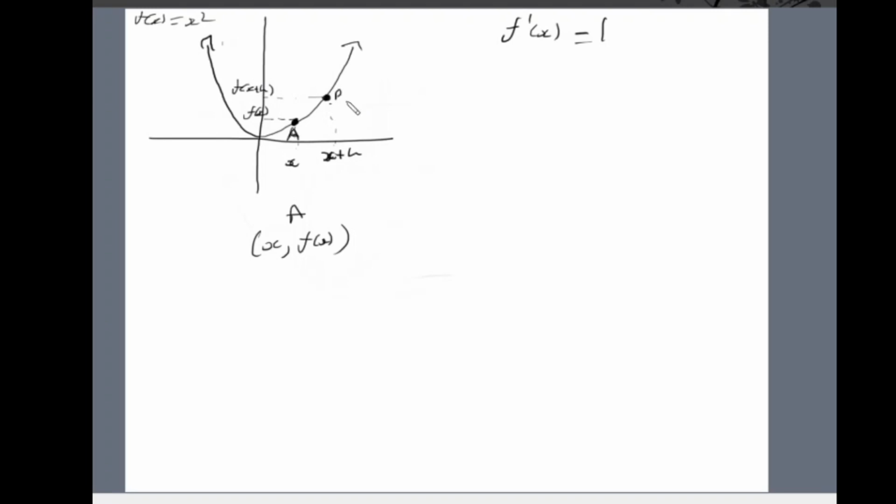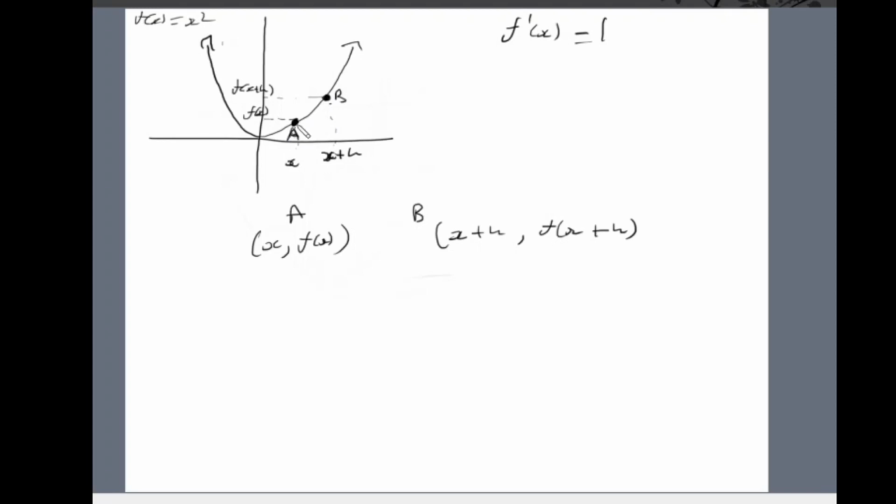The coordinates of point B will be x plus h, f of x plus h. Our interest is to calculate the gradient of the function at point A, which is why we have f prime x there. Our point of interest is that x.